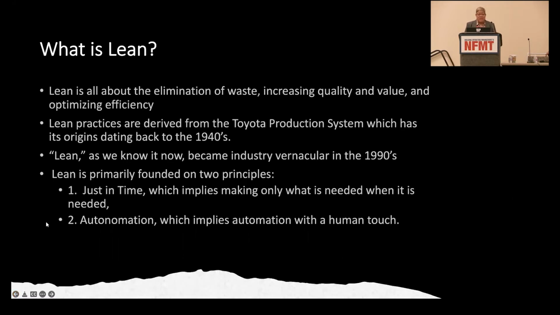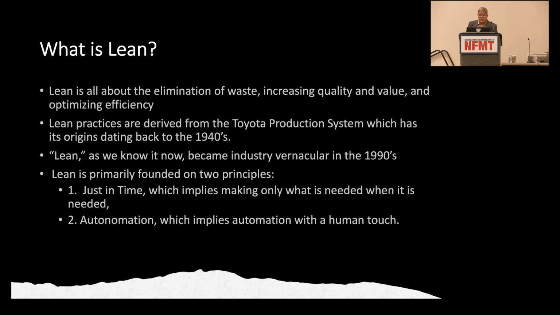So what is lean? Lean is all about the elimination of waste, increasing quality value, and optimizing efficiency. So lean practices really go back to the Toyota production system, which originates back into the 1940s, and I know a lot of companies such as ours have really done a lot of studying and trying to bring lean principles into our process.